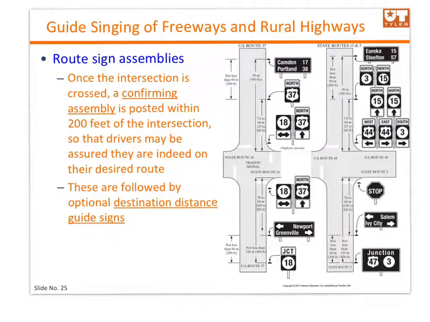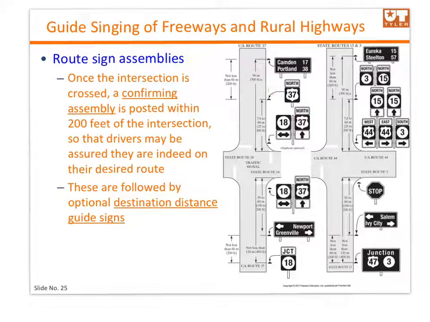Another type of assembly that we see in these two examples, once the intersection is crossed, are the confirming assemblies, telling you that yes, you are on the right route. If you keep going, you are just continuing on US 37 and you are heading north. Same thing here.